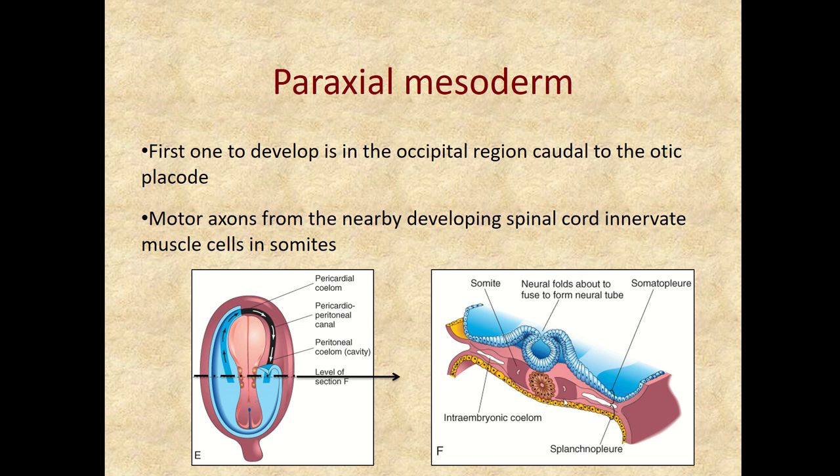And you can see how this paraaxial mesoderm that's going to develop into somites is nearby where the neural tube is going to develop. So any neurons that need to go into this block of musculature is really kind of next door, so they can grow out into the developing somites because it's in very close proximity.